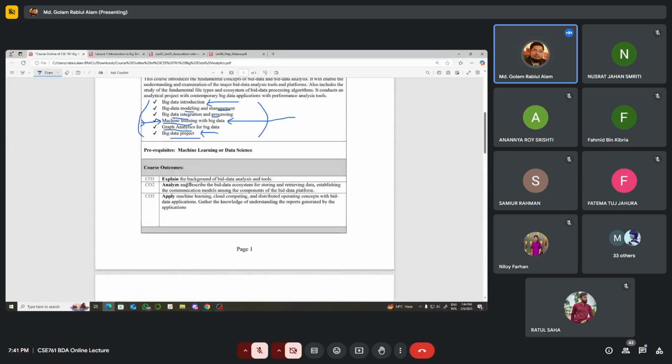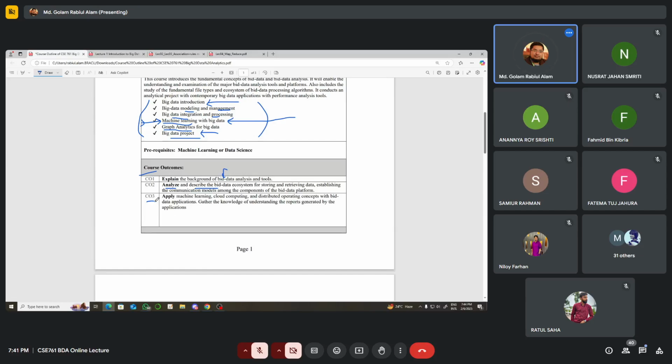And we have some course outcomes. They explain the background of big data analytics and tools. Okay, the spelling mistake is there: big data analysis tools. Then analyze and describe the big data ecosystems.